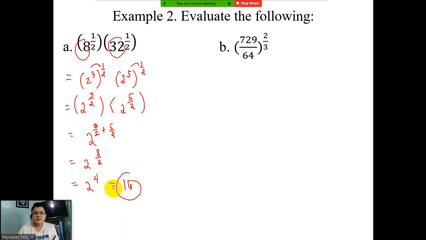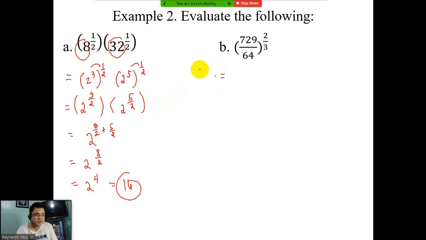Okay? So again, if we are multiplying or dividing something, we have to make sure that the bases are similar. But if it's not, we can do some other thing. Just like the second example, B, 729 over 64 raised to the power of 2/3. All we need to do is to simplify.